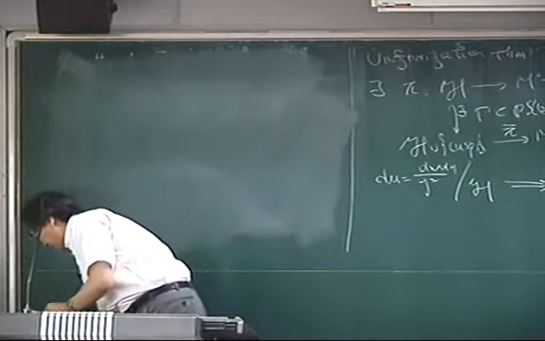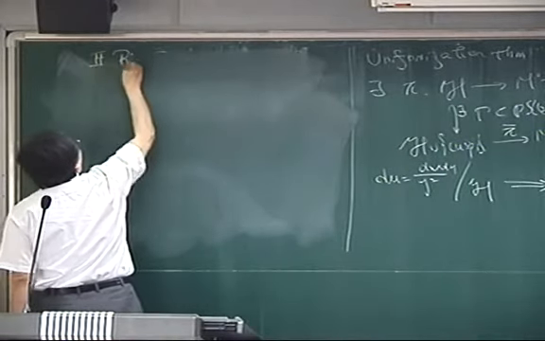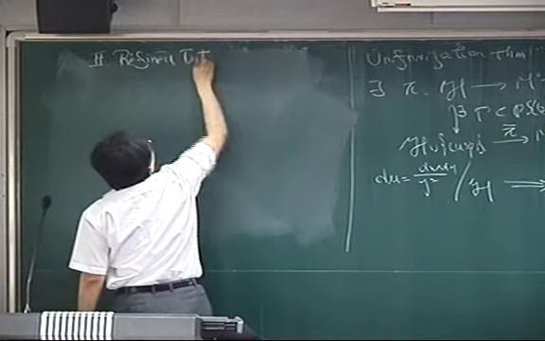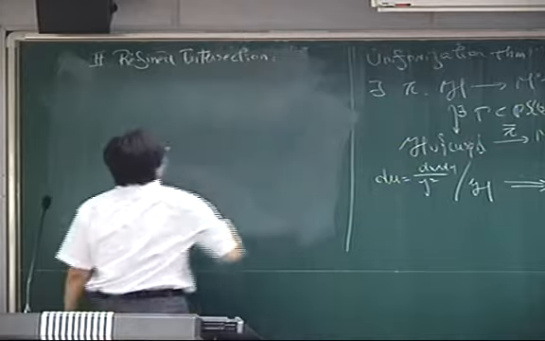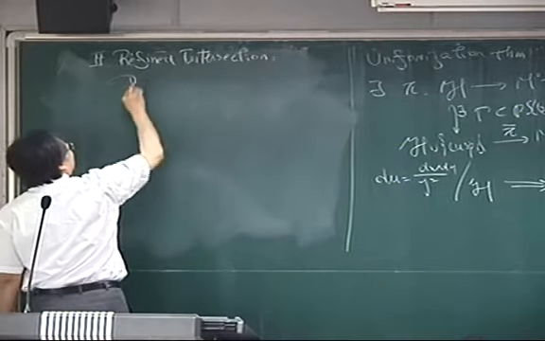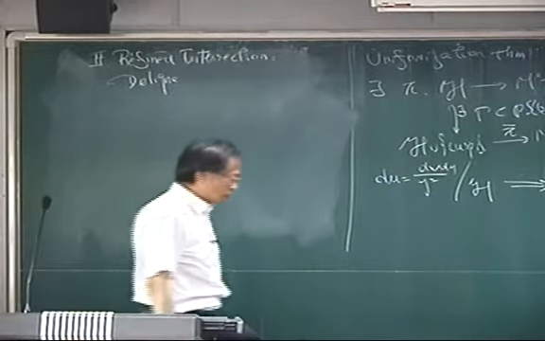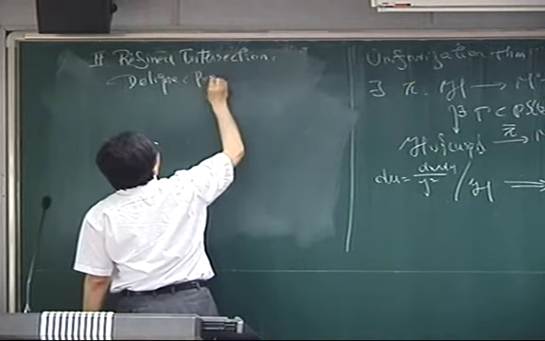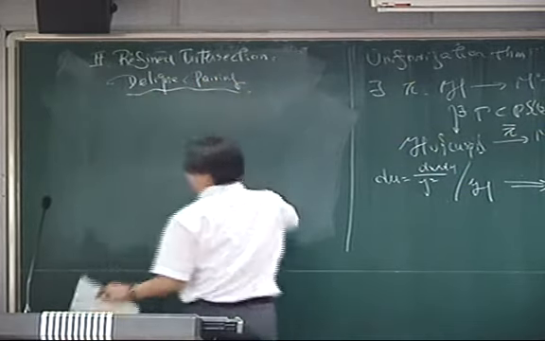Refined intersection was initiated by Deligne, so we call this the Deligne pairing.